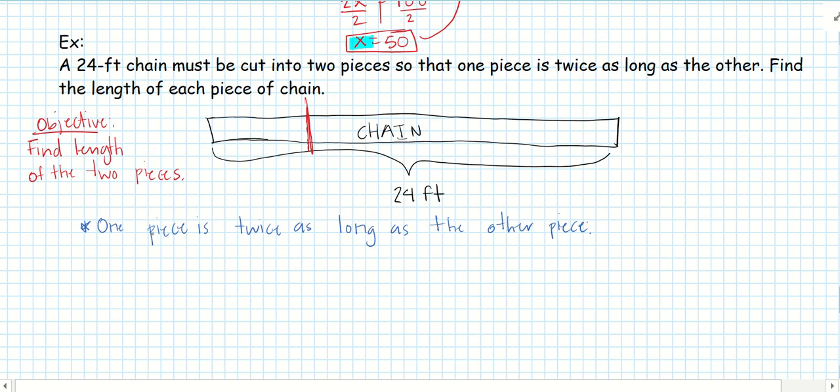So in other words, we can say that piece 1 is, so remember, "is" in math is equal, and "twice as long as" means 2 times the other piece, let's say this is piece 2.